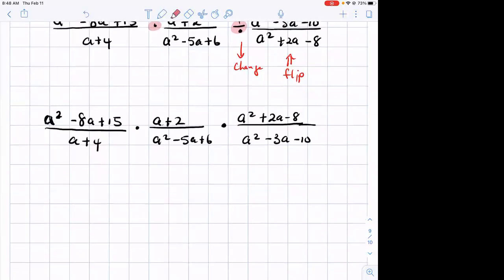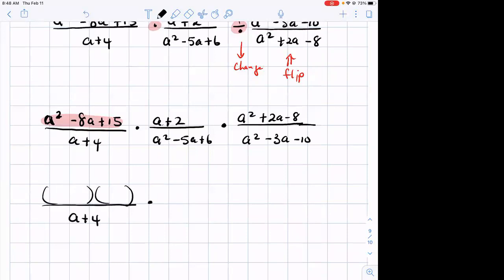Now, factoring each part, you will go and do it on the side. If you factor this, that becomes binomial because it's quadratic. The denominator cannot be factored. Okay?